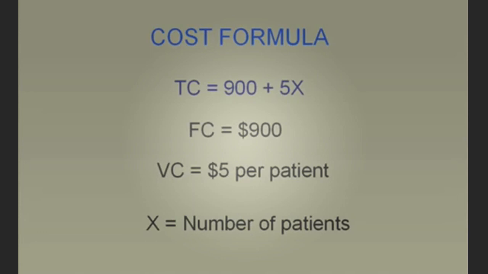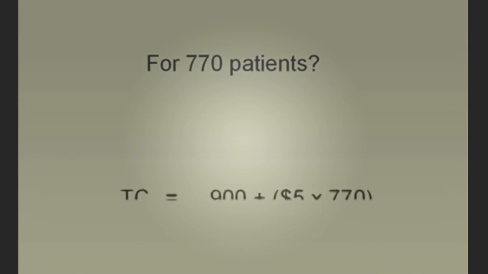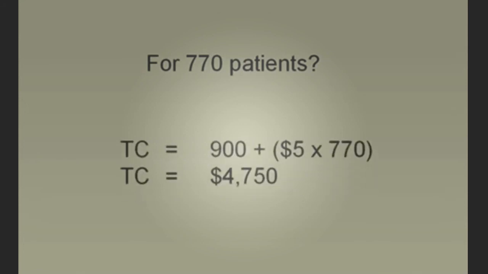So now, if somebody asked you, what's the cost of treating a certain number of patients, you just plug in for X. So, as in our example, for 770 patients, just plug in X. So total cost is 900 plus 5 times 770, which is 4,750.